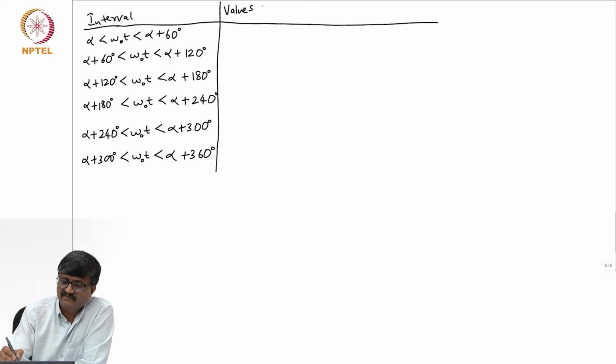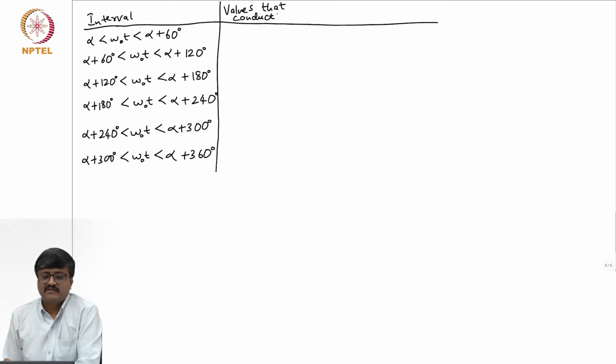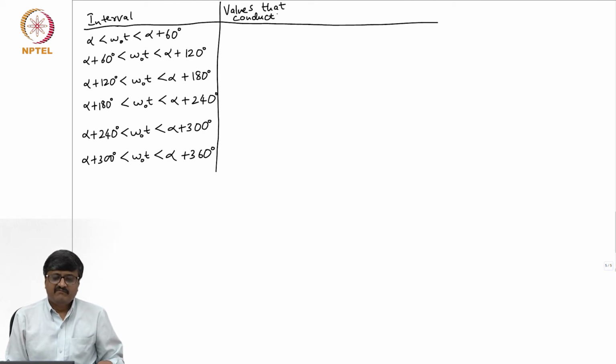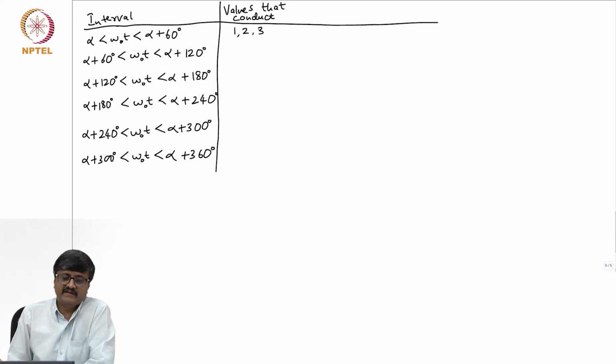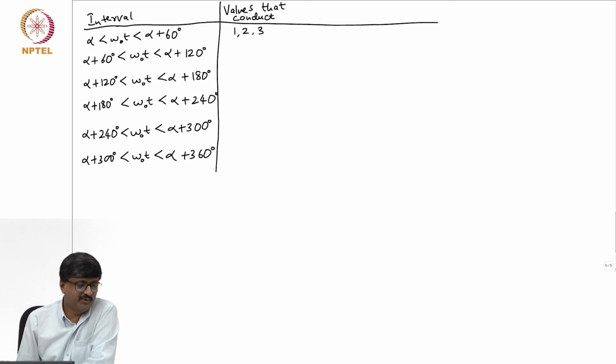Valves that conduct. So in the first interval, that is from alpha to alpha plus 60 degrees, valve 3 is turned on at alpha. 1 and 2 are already conducting, they continue to conduct. So valves that conduct in the first interval are 1, 2 and 3.